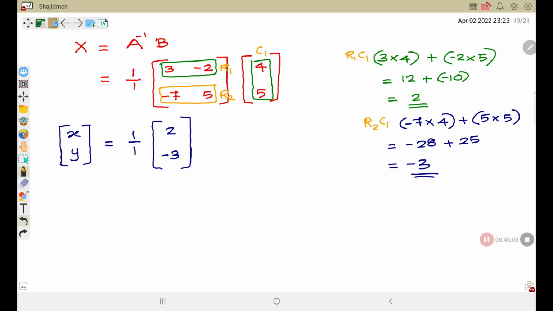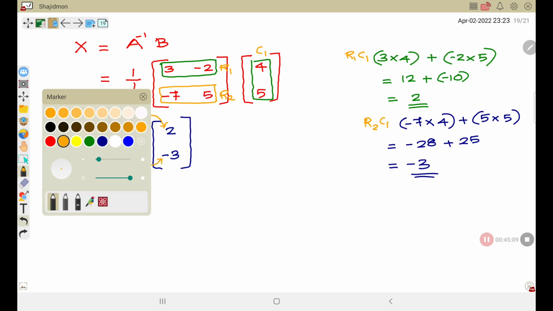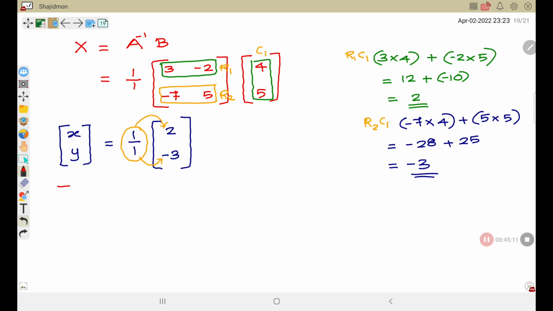So we can write x and y equals matrix 1 multiplied by 2, 2, and 1 multiplied by minus 3, minus 3.